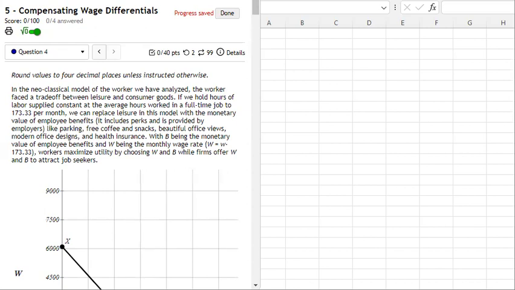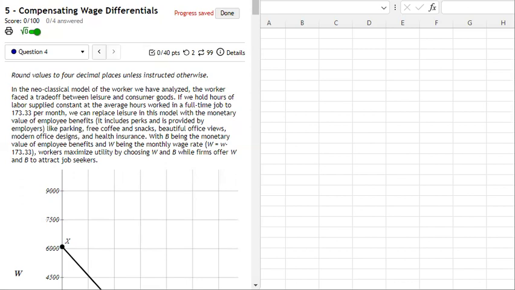Okay. So full-time workers are going to maximize their utility by choosing jobs based on what the monthly wage rate is, and the monetary value of employee benefits, which includes various perks like parking, free coffee and snacks, beautiful office views, modern office designs, and health insurance.